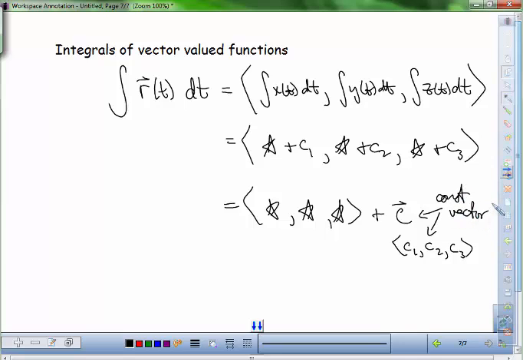So just remember that when you're taking an indefinite integral, there are constants that you hopefully would be able to solve for. But in general, an indefinite integral is going to come up with 2 or 3 constants depending on how many components you have in your space. All right?